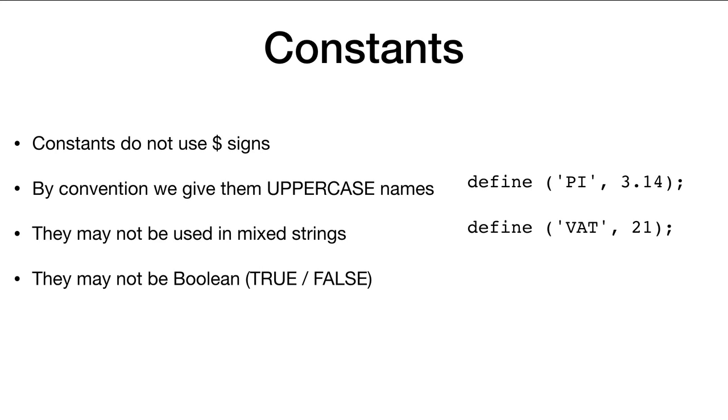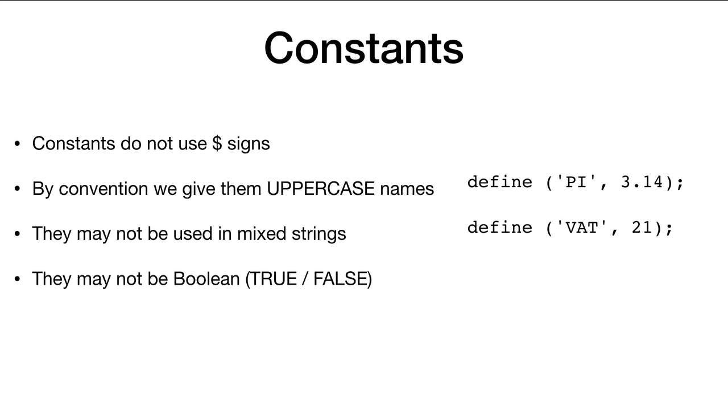So you know those double-quoted strings where you can include a variable name and it'll be substituted as it's going out the door. You can't do that with constants. That's because in the absence of the $ sign, PHP doesn't know that it's not just the letters that you're using. It doesn't know not to take it literally. And then the final rule is that Booleans can't be constants. So you can't have a constant that's true or false.